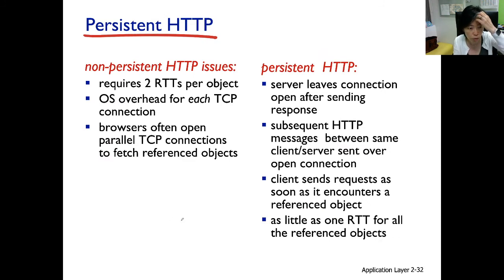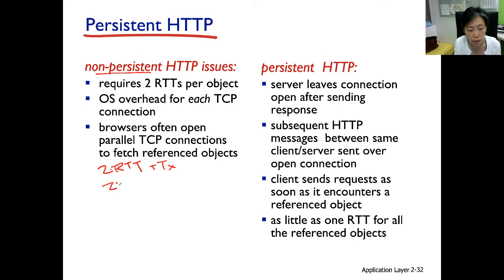Now we can try to account for the response time for that page we were loading, the something.edu object there. So we have the base and then 10 more objects. So altogether 11 objects. If we're running the non-persistent HTTP connection, then we have 2 round trip times plus the transmission time for object number 1, the base object.